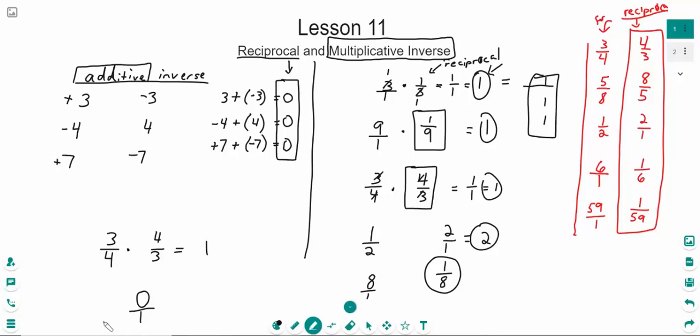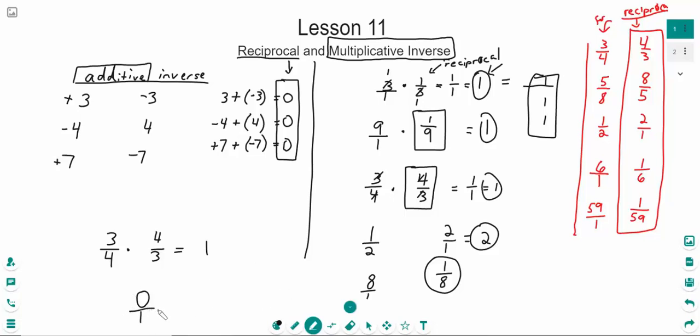Is there a problem with this? Well, no, there's not yet, because the 0 is in the numerator. Remember what we learned in lesson 9, I believe it was. If the 0 is in the numerator, we're okay. 0 divided by 1, there's an answer to that. It's 0. Okay? If 0 is in the denominator, then we're in trouble. So here, 0 is in the numerator, we're fine.